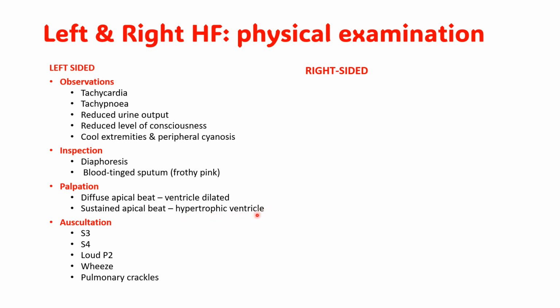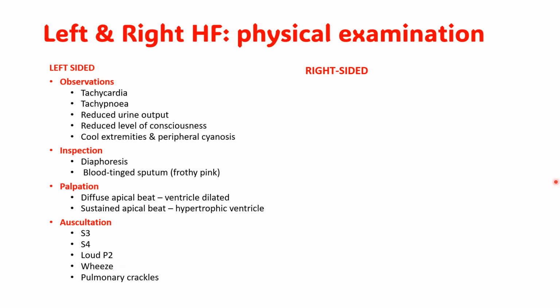It could have undergone some concentric hypertrophy. And then in terms of auscultation, we could have some additional heart sounds. There could be an S3, there could be an S4, a loud P2, a wheeze, or we could also have some pulmonary crackles.